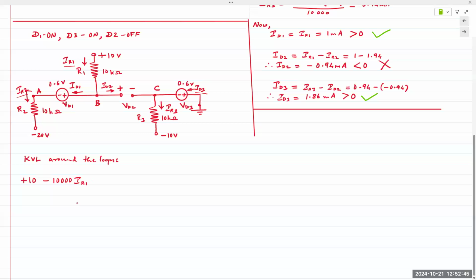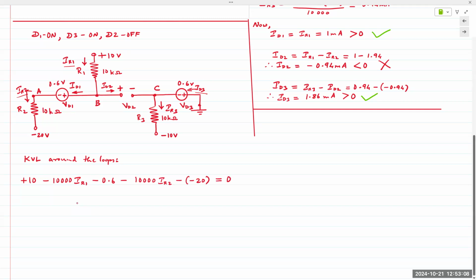Then there's a voltage drop of 0.6. Then there's another voltage drop across the resistor R2, so minus 10,000 IR2. And then finally, the negative voltage supply, minus of minus 20, should sum up to 0.